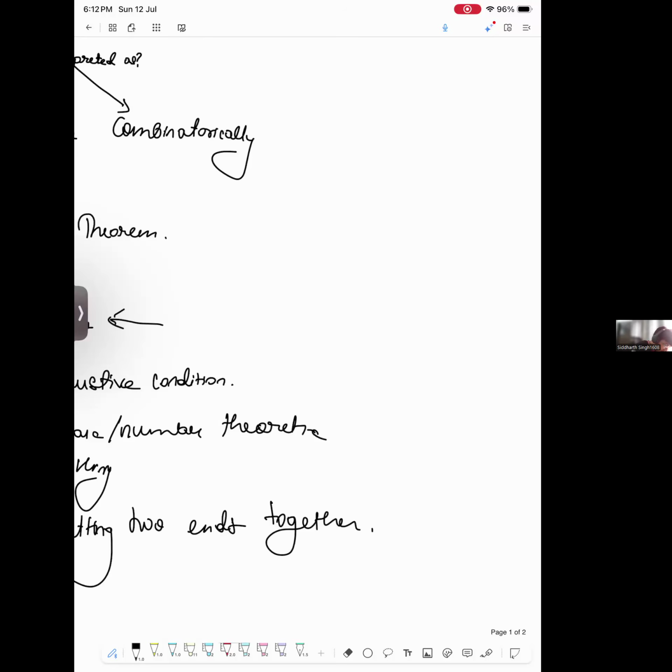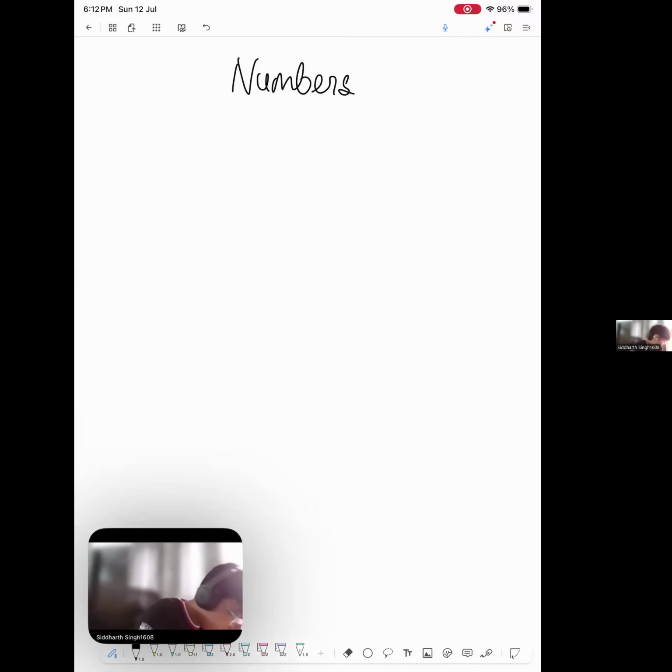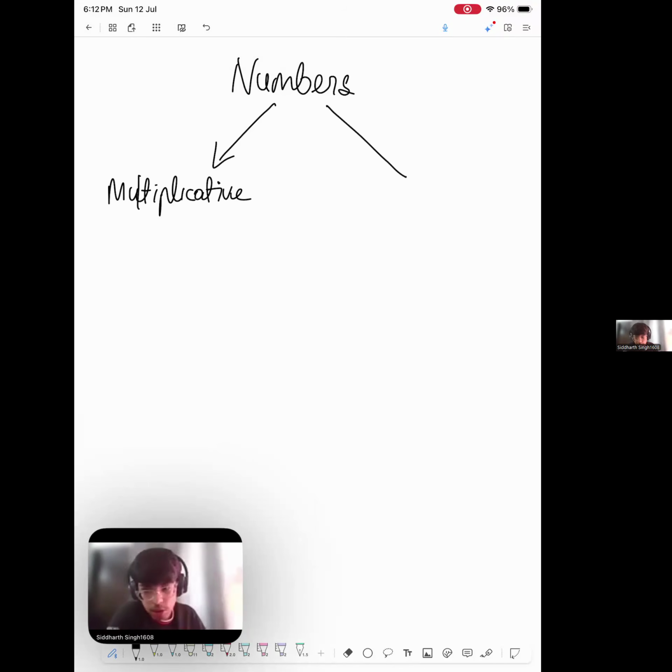Okay, one second. Numbers. So you know about primes, no? They have multiplicative structure, and you can also add numbers.